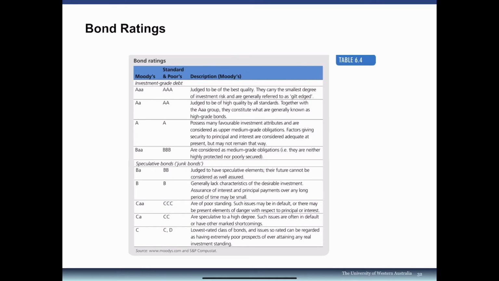Here, you don't actually have to memorize these bond ratings per se. This is just a quick description of what Moody's defines as investment grade debt. There are 4 subcategories in investment grade debt: AAA, AA, A, BAA. The slight difference for Standard & Poor's is AAA in capital letters, and BBB, right?